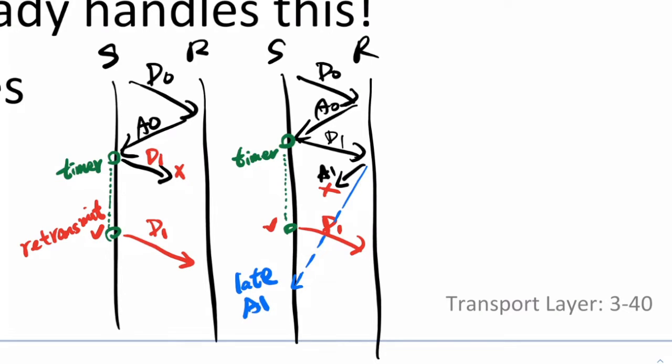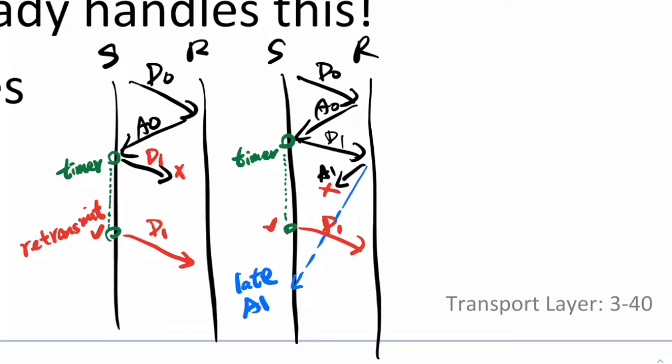So the new D1, the red retransmitted D1, has been sent, but after that we get the blue late acknowledge 1. It is possible, because we cannot predict the delay of the network.